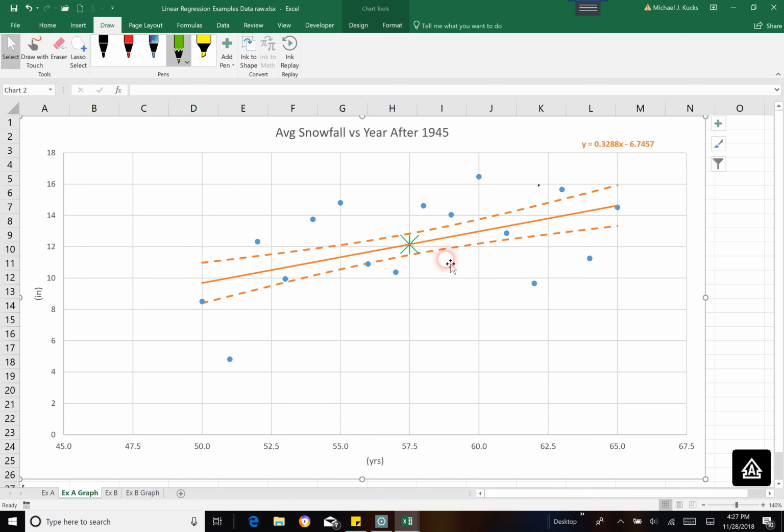What we've just done is we've made a model from our data, and we've analyzed the fluctuation of averages, the fluctuation of average snowfall.